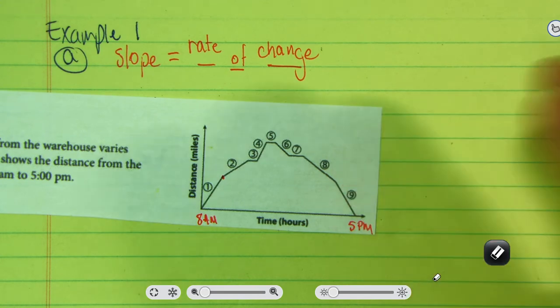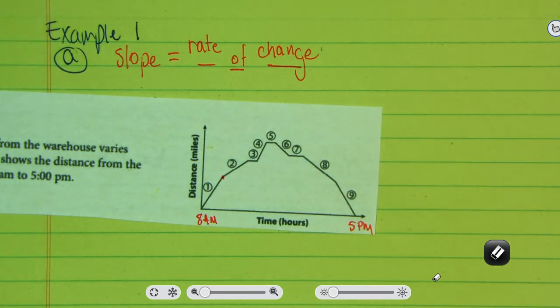We understand rate of change kind of like this graph, because if I drove at that speed for an hour, how far have I driven? I'll ask that question again. If I drive at 95 miles per hour and I drive for an hour, how far have I driven? 95 miles.